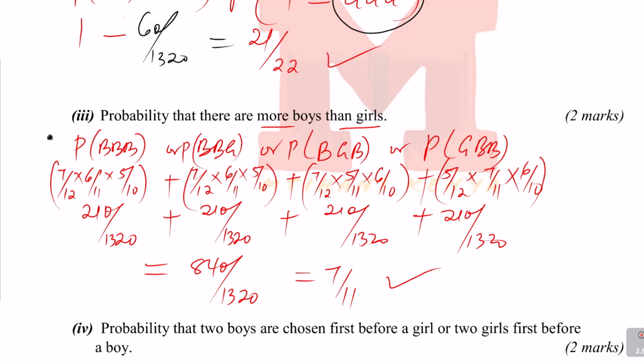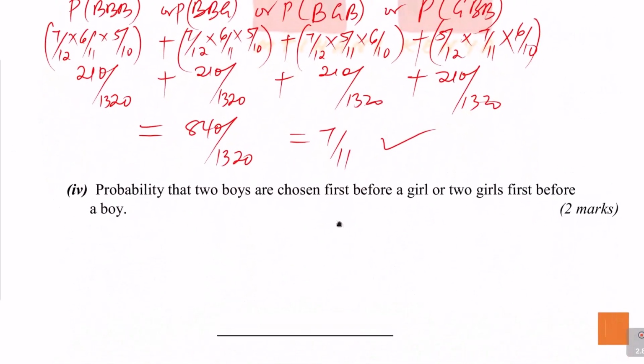The last one: the probability that two boys are chosen first before a girl, or two girls first before a boy. So that means either two boys are chosen first, that is boy, boy, girl, or two girls are chosen first, girl, girl, boy.